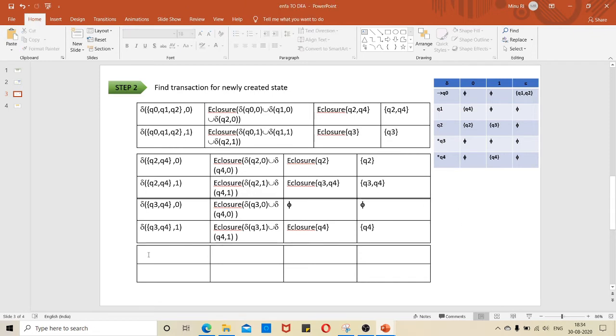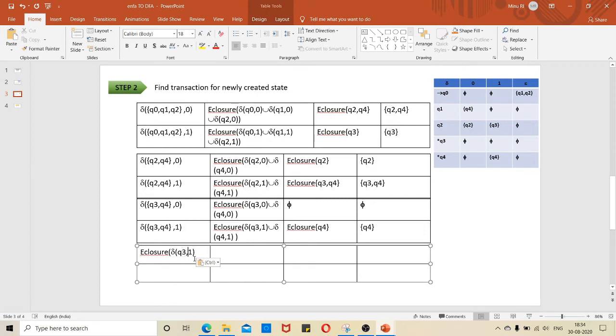To remove the epsilon, we will find the transition with epsilon closure for 3, 2 and 4.